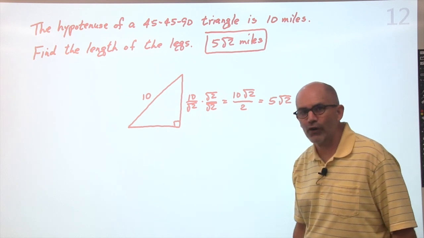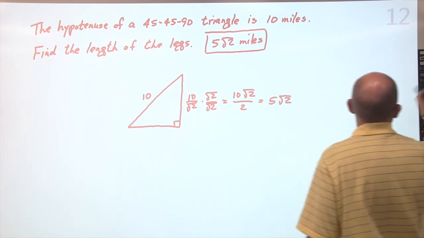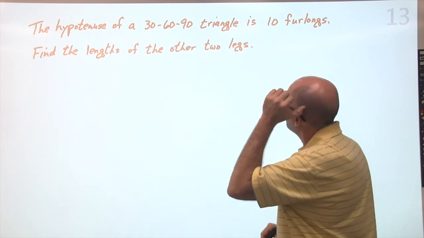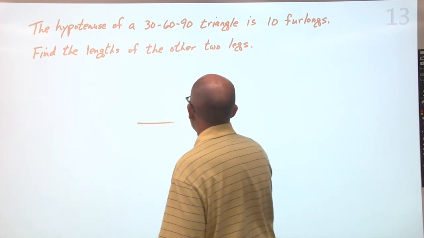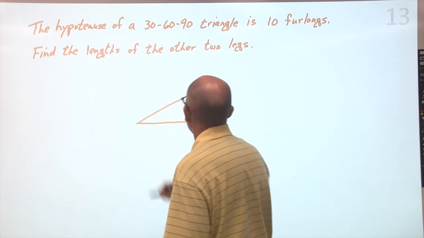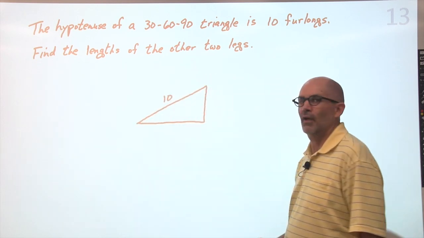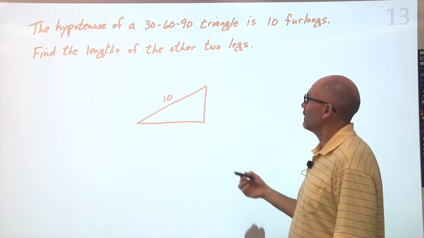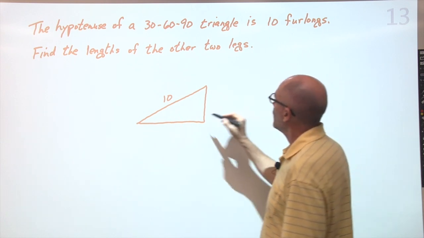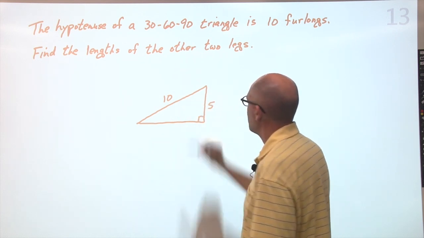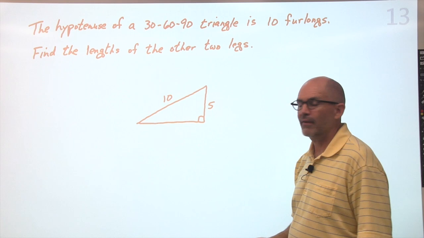That's it, game over. Okay, and one last problem. We have the hypotenuse of our 30, 60, 90 is 10 furlongs. So, what are the lengths of the other 2 legs? Well, I know the short leg is going to be half of the hypotenuse. So that's 5.